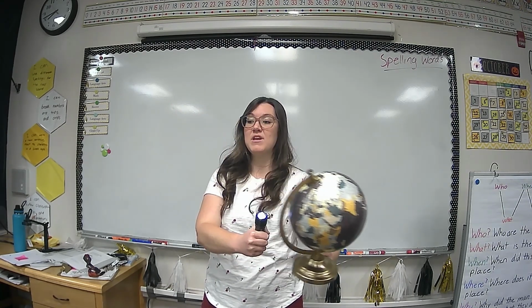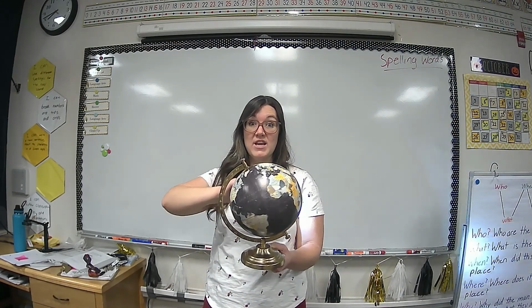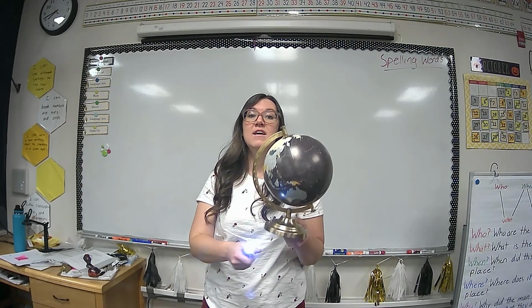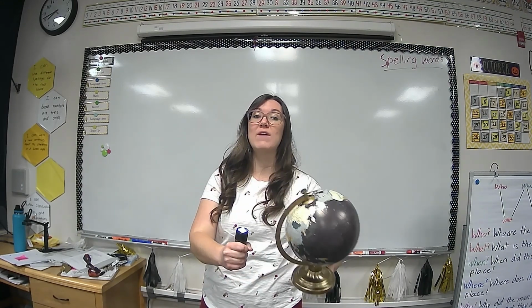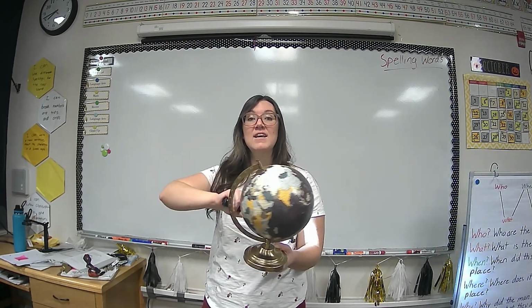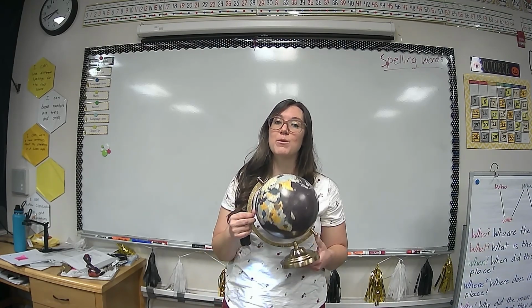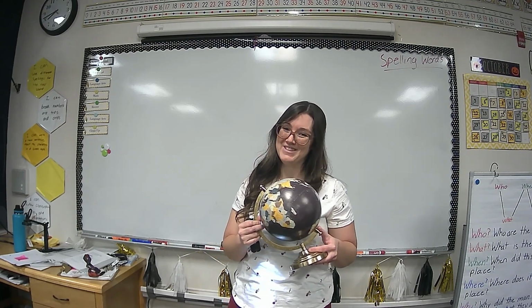So it's spinning around the sun and it's rotating on its axis. Around the sun is a revolution, and spinning on its axis is a rotation. We'll talk about those 2 words a little bit more in our read aloud today, but first we need to go over our vocabulary words.